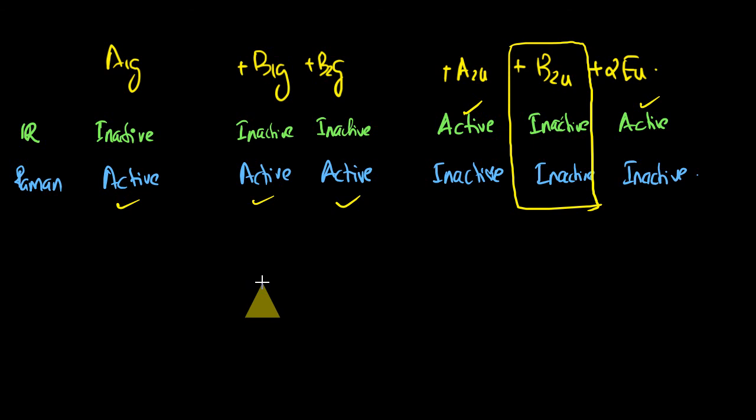But there is a possibility that one particular vibration can be both Raman inactive and IR inactive. But if any vibration is Raman active, it will definitely be IR inactive and vice versa. So that is the mutual exclusion principle.